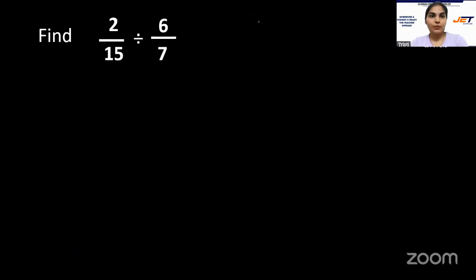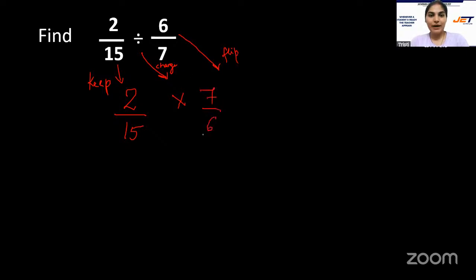All right. Next one. 2 by 15 divided by 6 by 7. 2 by 15, I'll keep. I will change this division sign to multiplication, and this is flip. 6 by 7 will be written as 7 by 6.